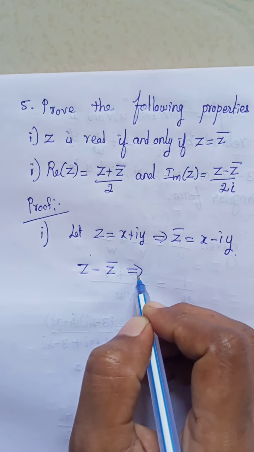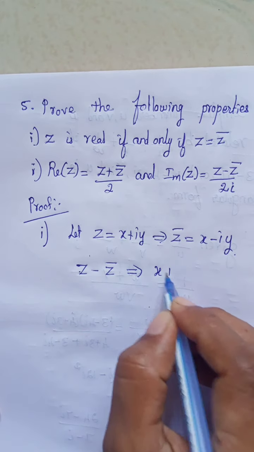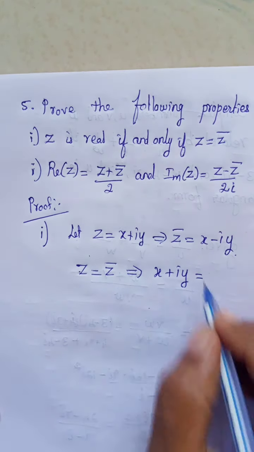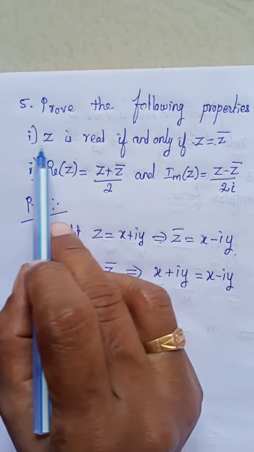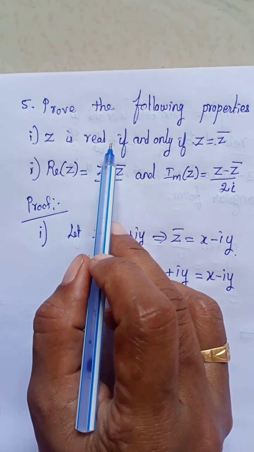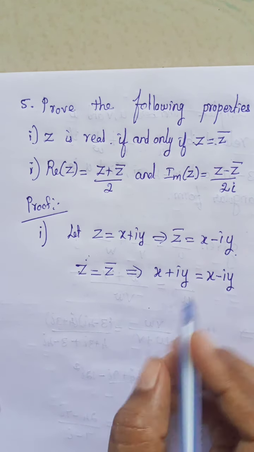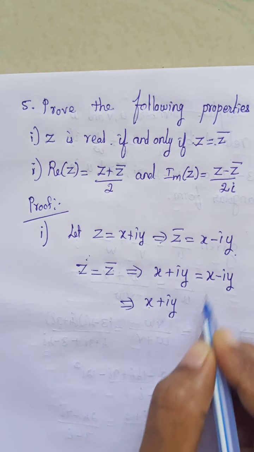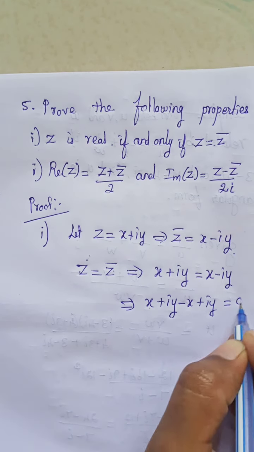If we take Z equal to Z bar, we have to prove Z is real, isn't it? Z equal to Z bar means x plus iy is equal to x minus iy, which implies, bring all the terms to left hand side: minus x plus iy is equal to 0.